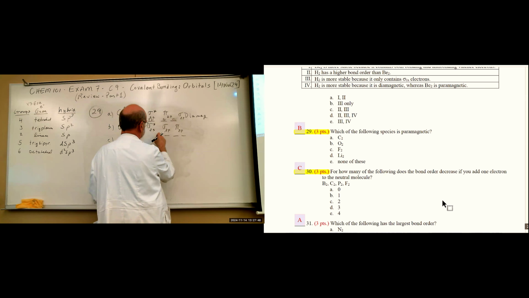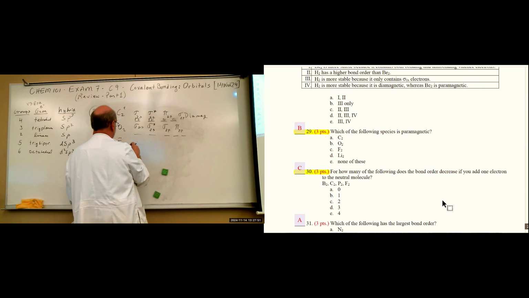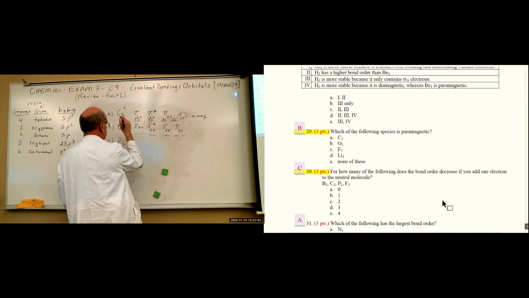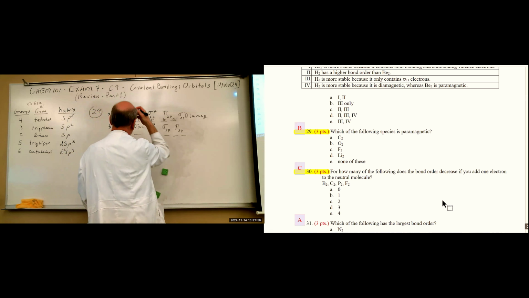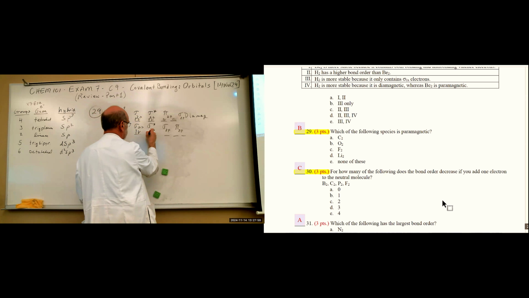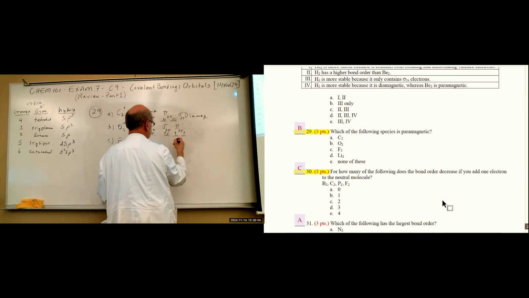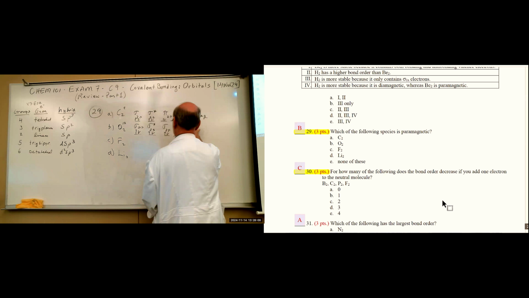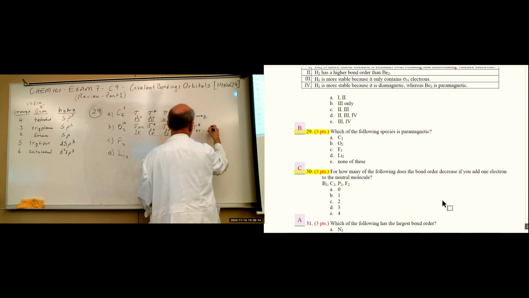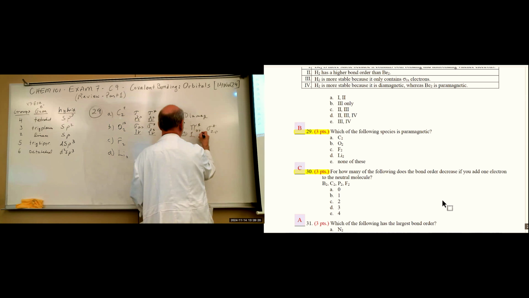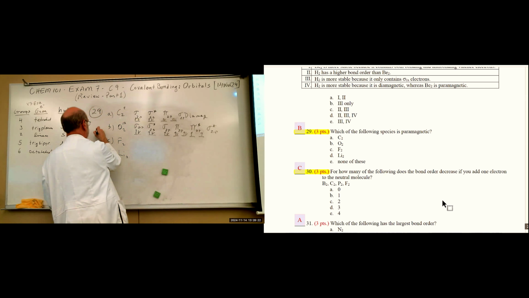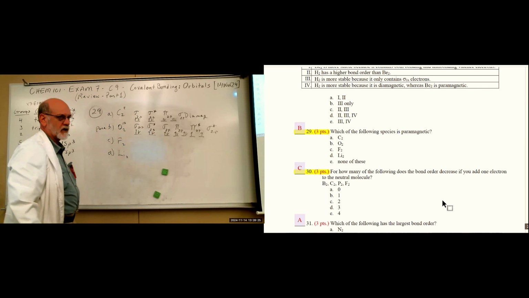So the sigma would come first. Since we're only dealing with valence here, we've got 12 valence, right? So we do 1, 2, 3, 4, 5, 6, 7, 8, 9, 10. And then the next one is pi star 2p, because sigma star is out here. Then we have 2 more. So this one is paramagnetic. Oxygen is paramagnetic.